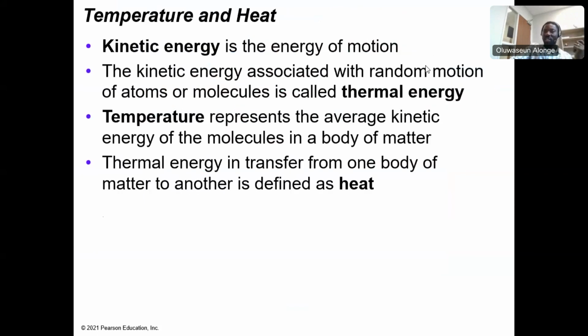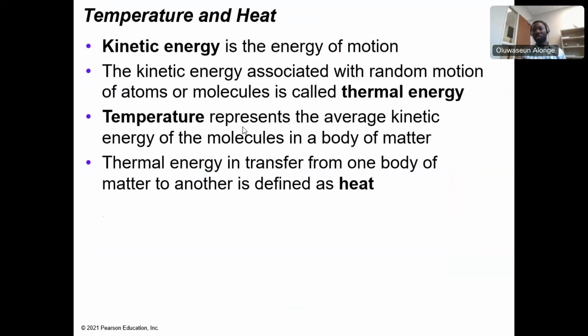Now, temperature and heat. Kinetic energy is what we call the energy in motion, and potential energy is the energy at rest. So as I'm seated here now, I have zero kinetic energy because I'm not in motion, right? Now, kinetic energy associated with random motion of atoms and molecules is called thermal energy.